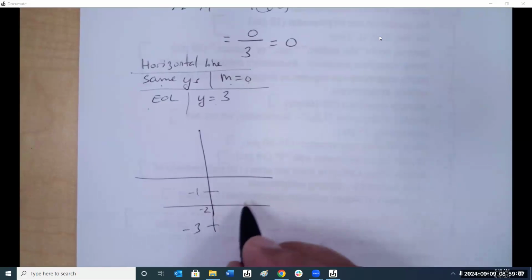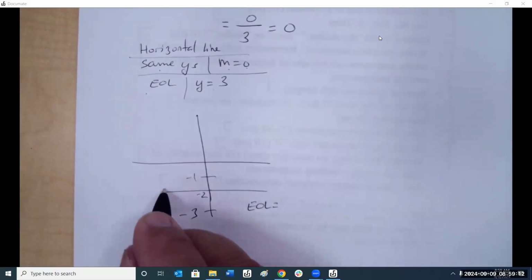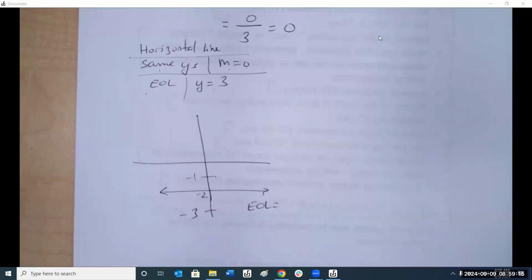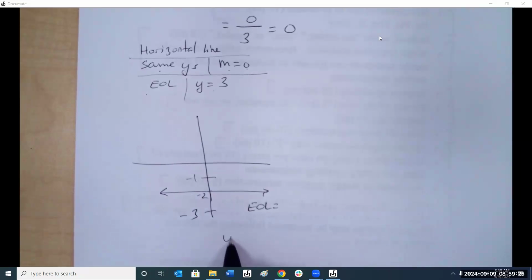If I say find the equation, if I gave you this, what's the equation of that line? Yeah, because there can't be an x in there, because it doesn't cross the x-axis.